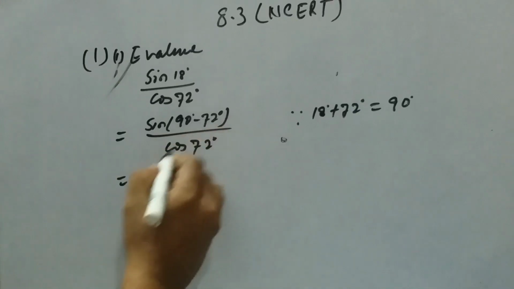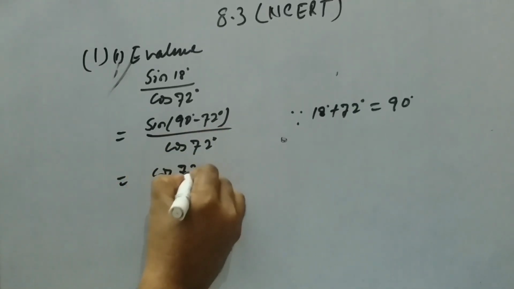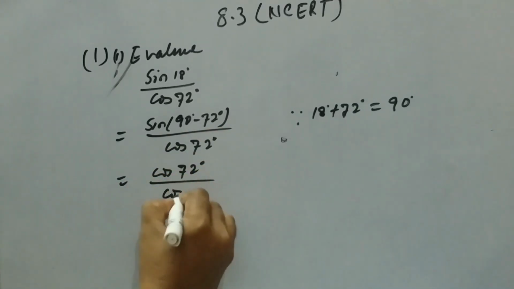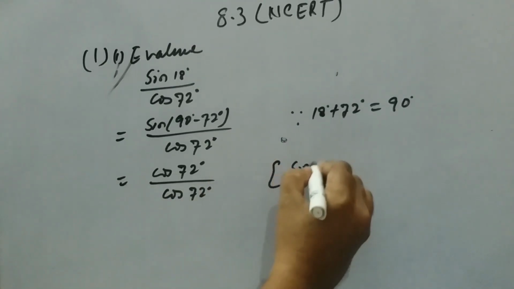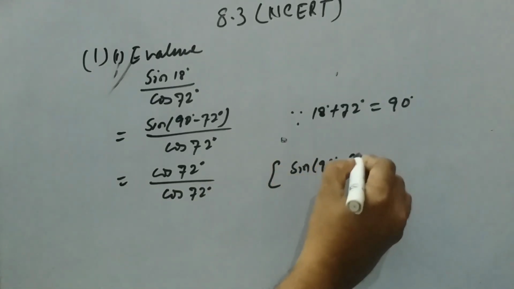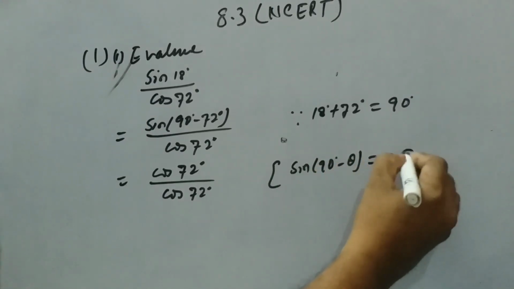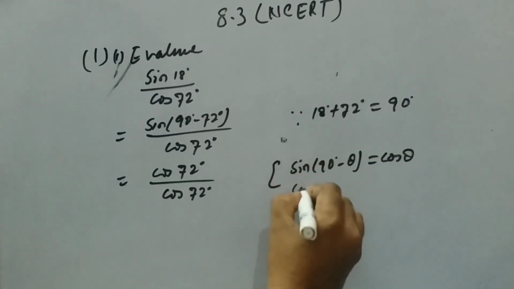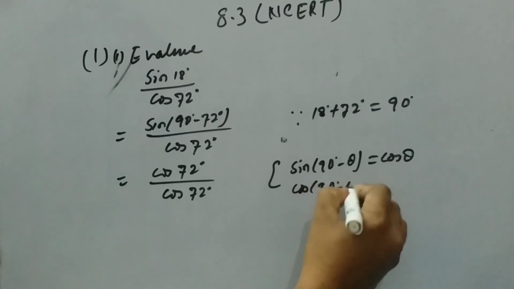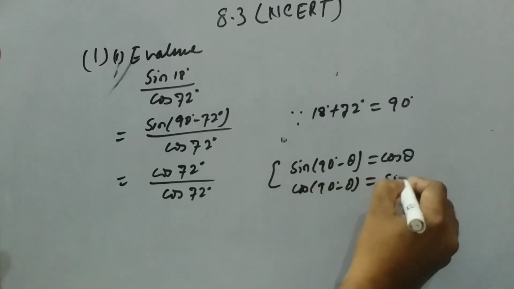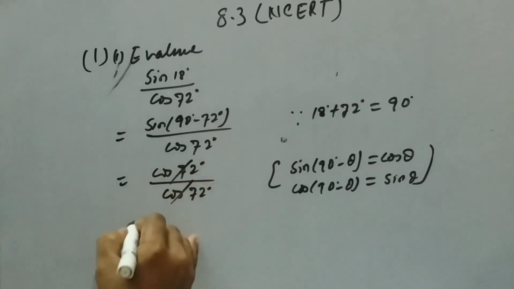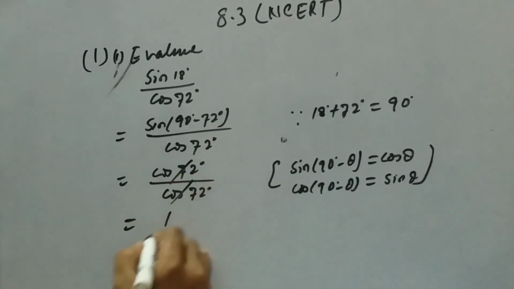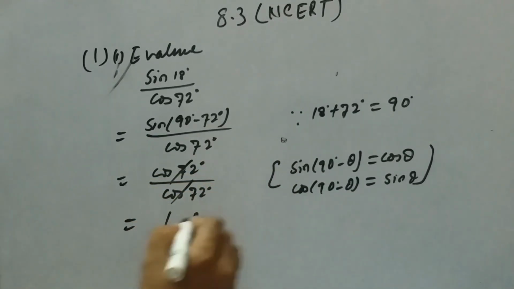So this becomes cos 72 degree upon cos 72 degree, since sin (90 degree minus theta) is equal to cos theta, and cos (90 degree minus theta) is equal to sin theta. After cutting, this becomes 1 and this is the final answer.